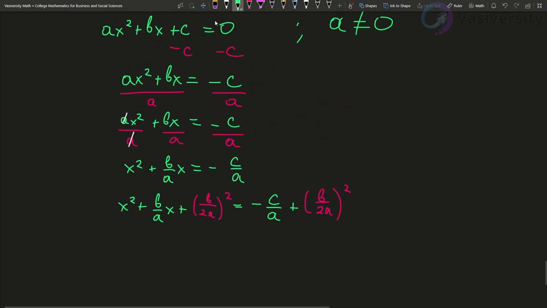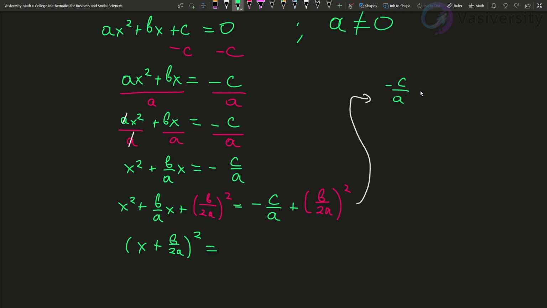Now, we know that the left-hand side becomes a full square. So let's actually write it down. We're going to have x plus b over 2a squared is equal to, so here, let's go ahead and simplify. So we have the following: negative c over a plus b squared over 4a squared. Okay, so now what are we missing here?